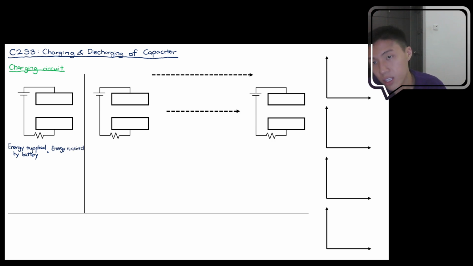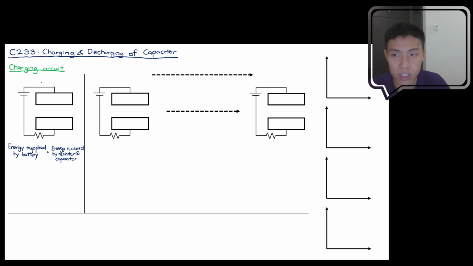Who receives the energy? It will be received by the resistor together with the capacitor. When the resistor receives the energy, it dissipates it as heat, which just releases it to the surroundings. If a capacitor receives energy, it stores it in the form of electrical potential energy.